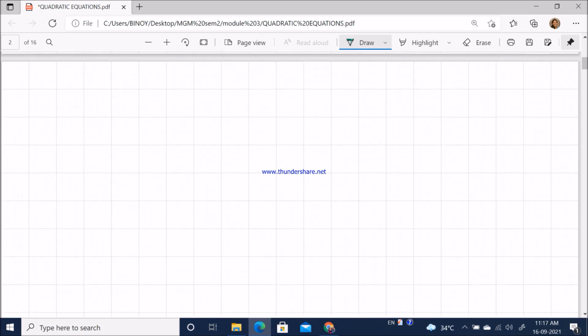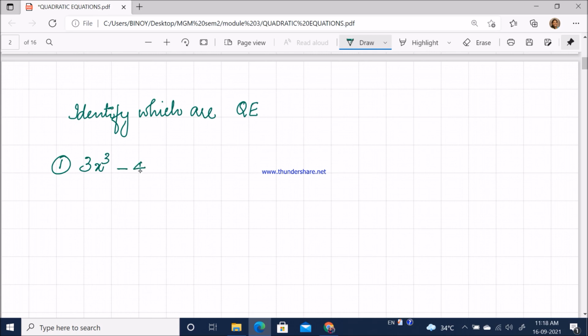Now let's see how we identify whether a particular expression is quadratic or not. In order to identify which are quadratic equations, the first equation is 3x cube minus 4x plus 5.